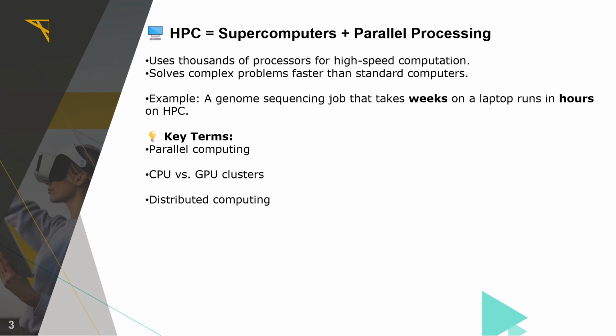And there's also the concept of distributed computing, where HPC systems spread out computations across many different machines, allowing scientists to analyze huge data sets and also enabling breakthroughs in maybe finance and AI. So the concept of HPC ensures that you have access to parallel processing for your high speed computation.